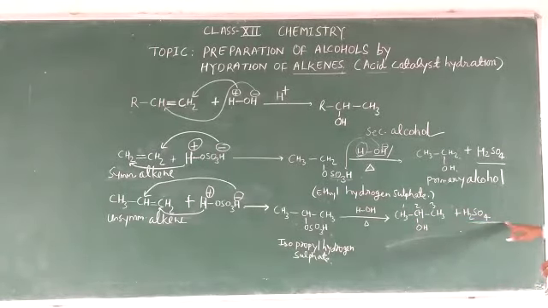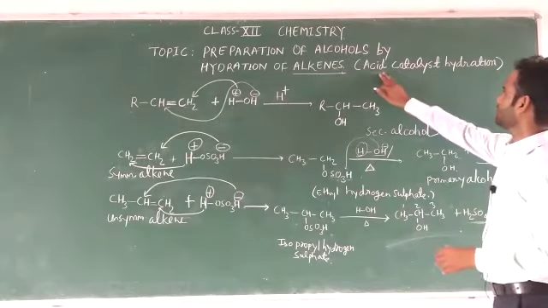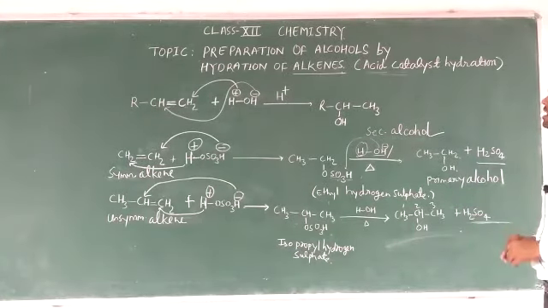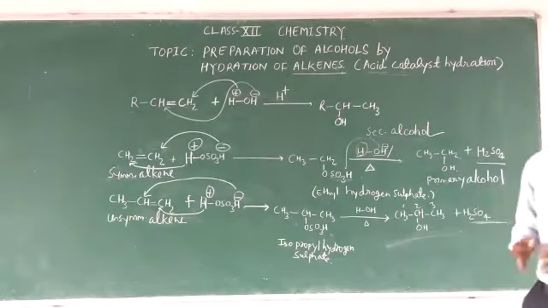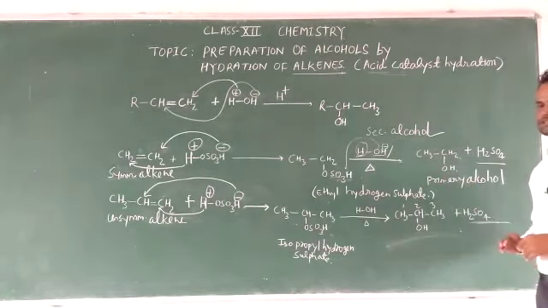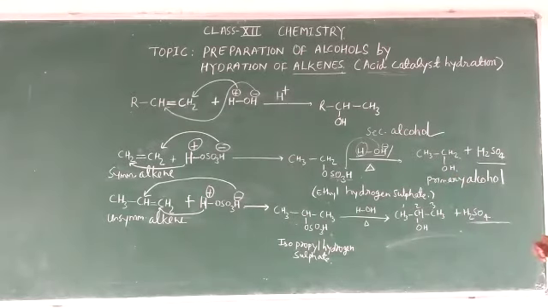After that we get H2SO4, an acid again. Because we are using this acid as a catalyst, this is the acid catalyst hydration process, and this is the hydration of alkenes to prepare alcohols. This is the process. I think it's clear now. Thank you.